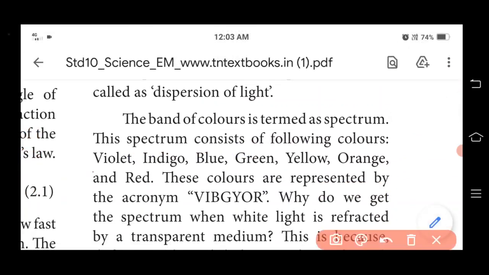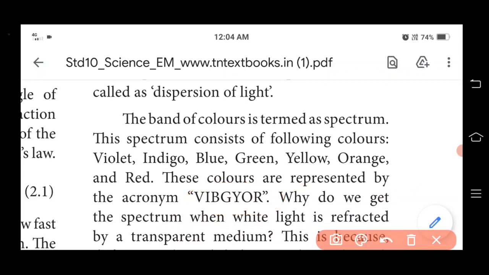They are violet, indigo, blue, green, yellow, orange and red. So these colors are represented by the acronym VIBGYOR.